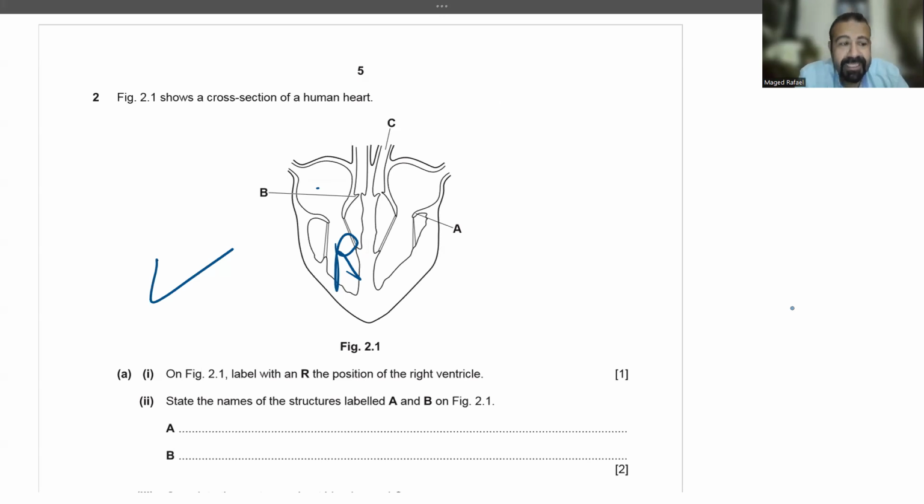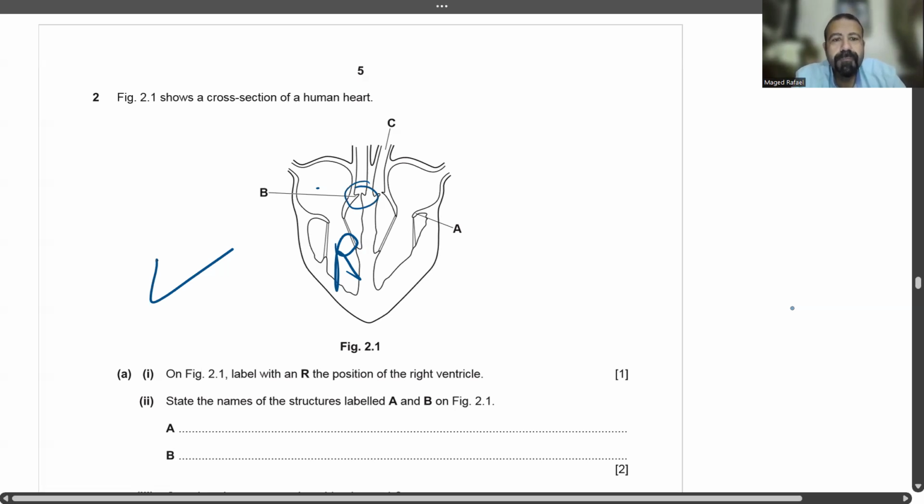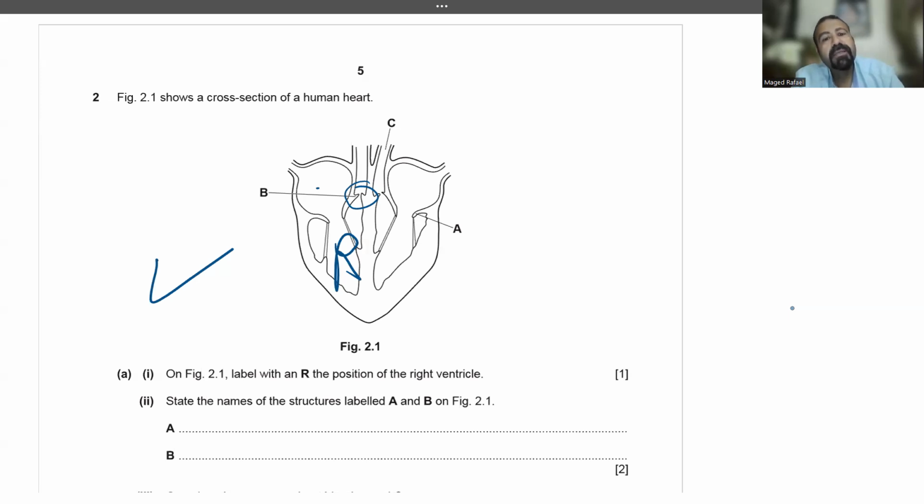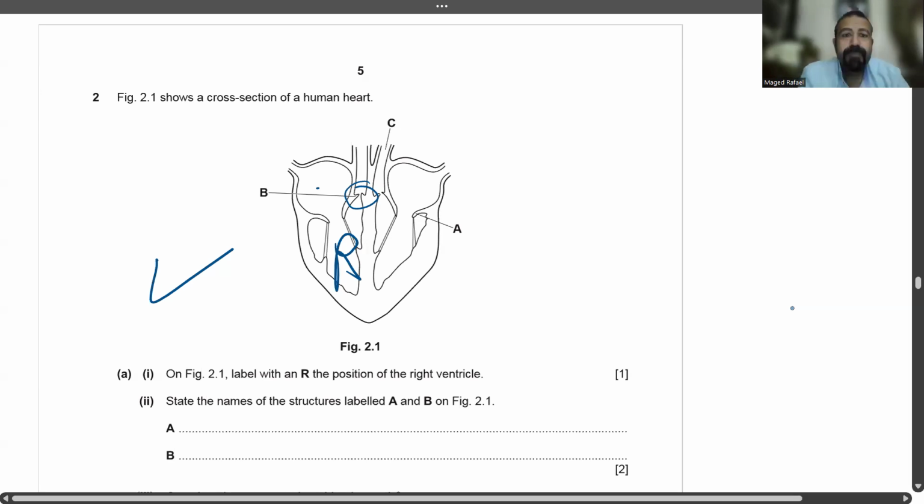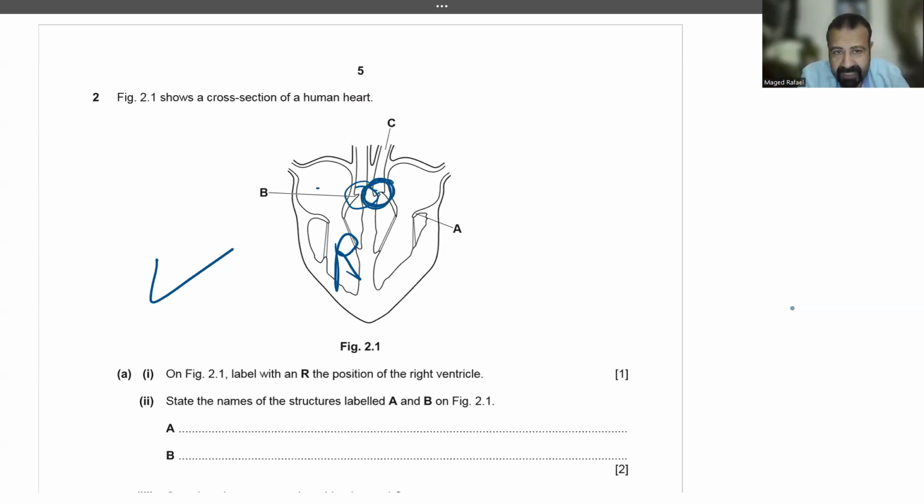Bicuspid valve. Yes, exactly. Bicuspid valve, or you can say atrioventricular valve, as it is a separator between atrium and ventricle. And what about B? I don't know, but I'm pretty sure tricuspid valve. Actually, I don't know B. Fine. Saif, B is in the same location on the left side, called the semilunar valve.